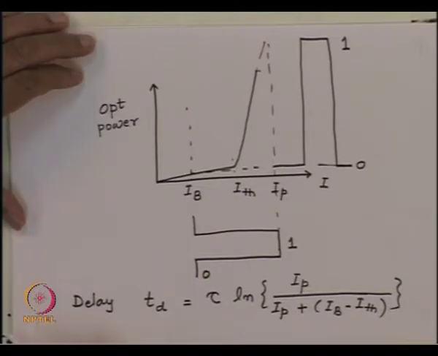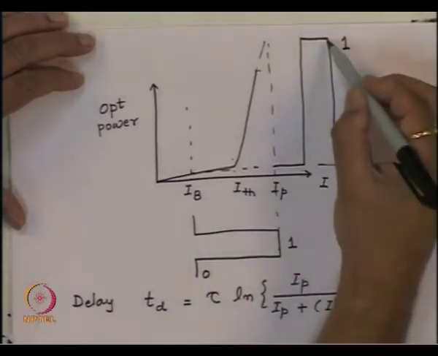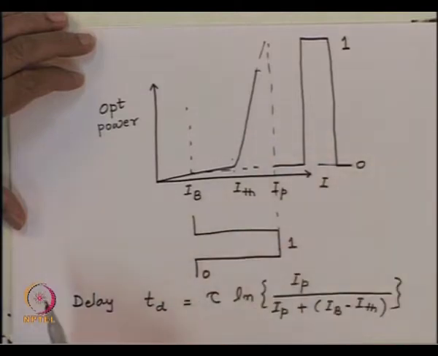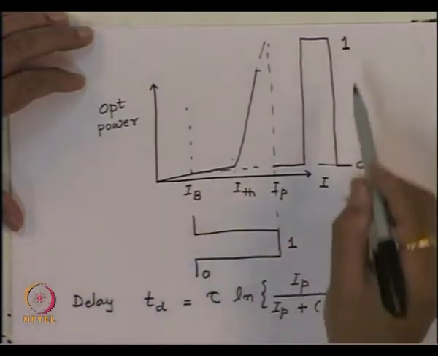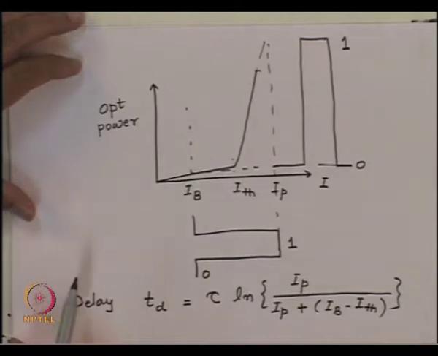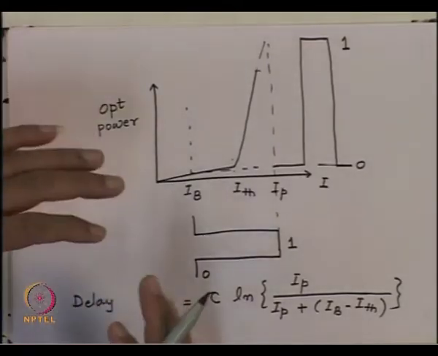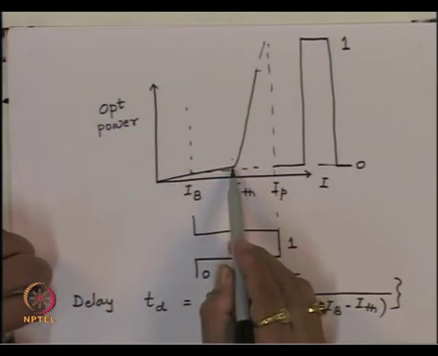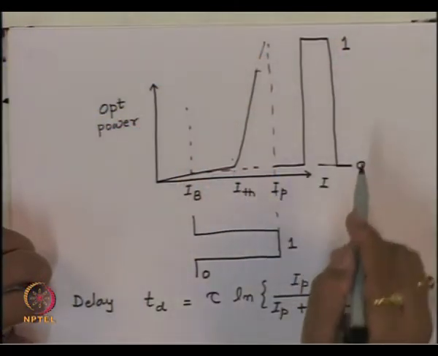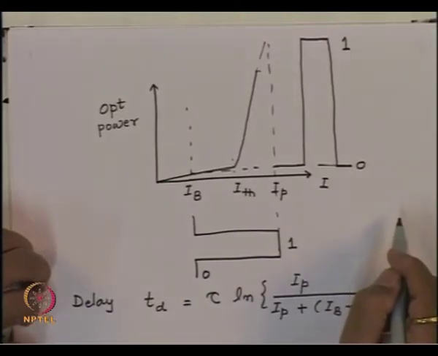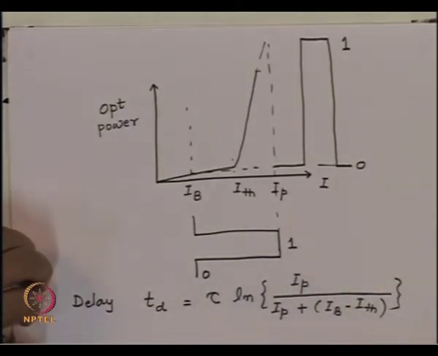Or in other words, what that means is that the extinction ratio, which is the ratio of the 1 level to 0 level, that becomes smaller, and later on we will see when we go for the calculation of the errors, this will create certain problems. So, biasing the laser at the threshold current will reduce the extinction ratio, which will have implications for the bit errors.